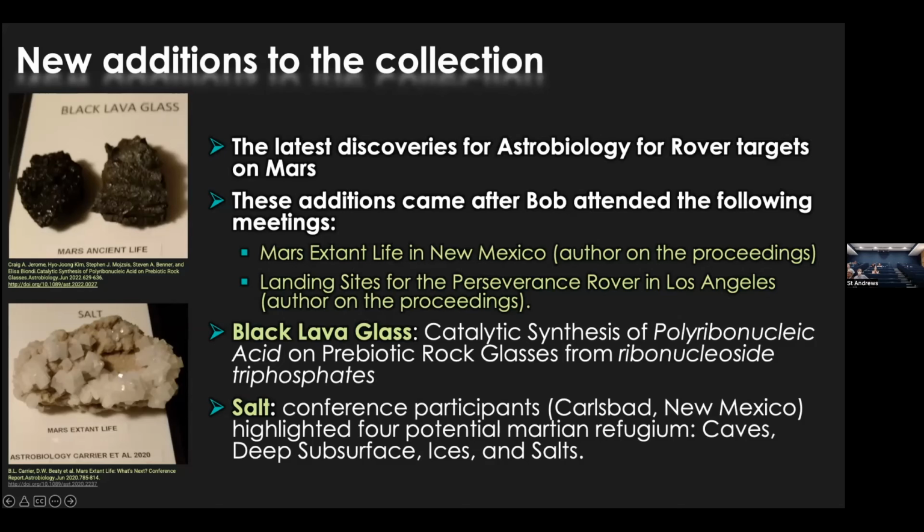This was about Mars extant life in New Mexico. He was also at the meeting for deciding on landing sites for the Perseverance rover in Los Angeles, and he contributed there. So you see the black lava glass.